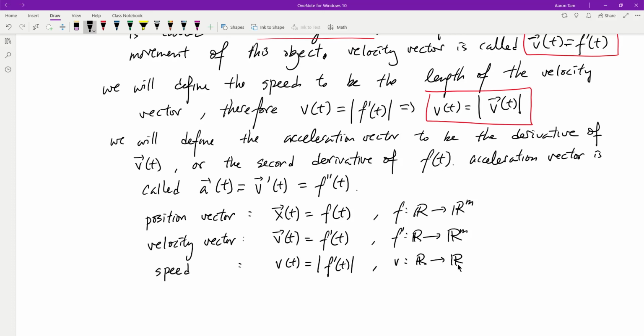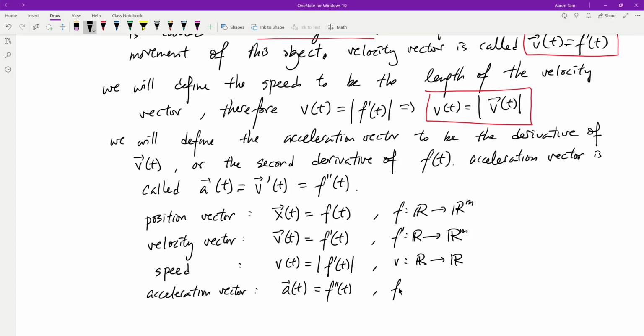And v, in this case, maps from R to R, and is the only unique one out of the bunch because it's a real number, a single variable function that's also real valued, as you expect because speed is just a number. There's no direction or anything, it's the magnitude. And then the last thing we're going to talk about is the acceleration vector. Vector a of t.